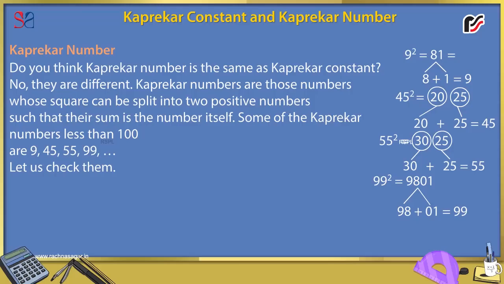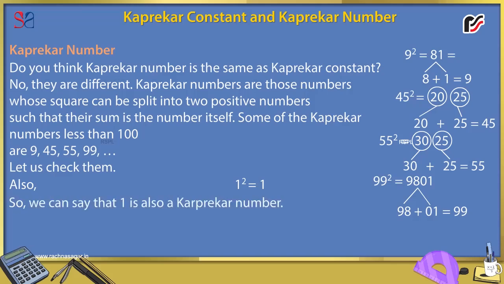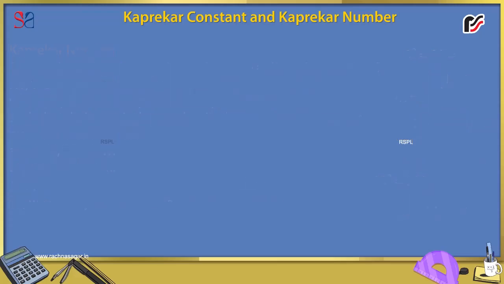Some of the Kaprekar numbers less than 100 are 9, 45, 55, 99. Let us check them. Also, 1 squared is equal to 1, so we can say that 1 is also a Kaprekar number.